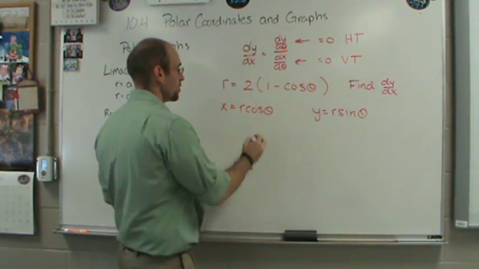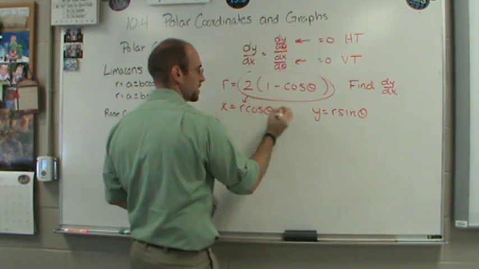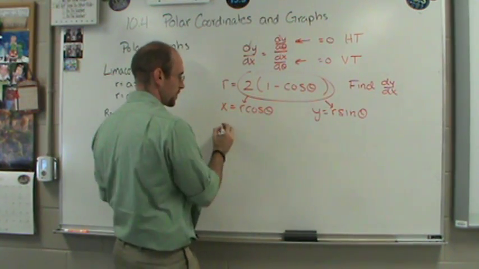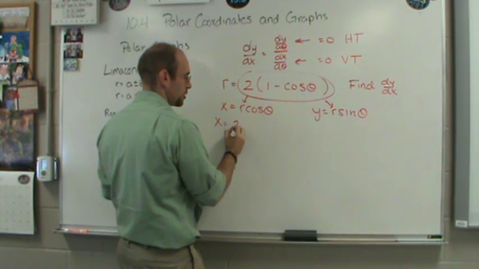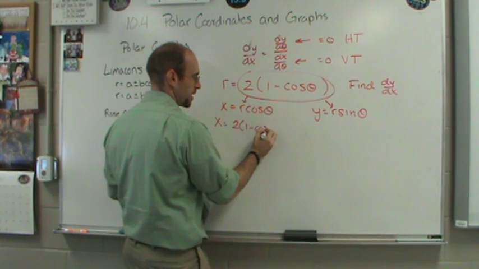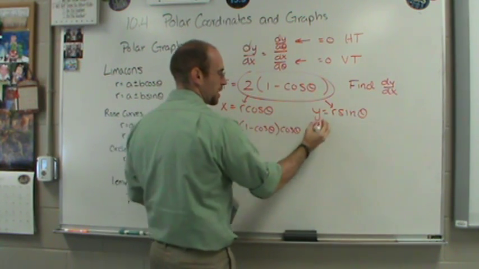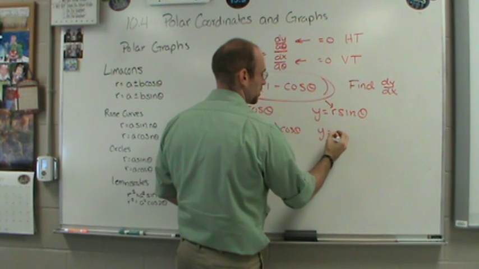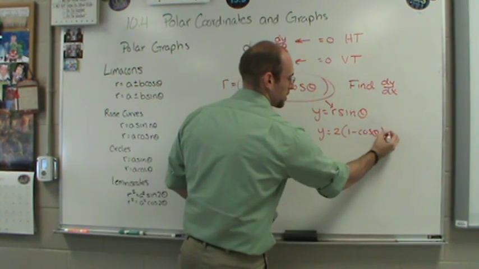So this whole thing goes into this r and this r. So x is going to equal 2 times 1 minus cosine of theta times cosine of theta, and y is going to equal 2 times 1 minus cosine of theta times sine of theta.